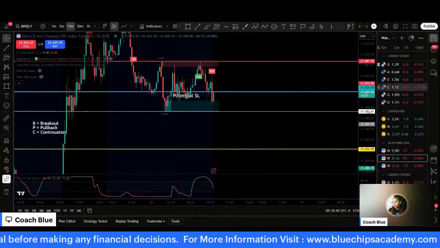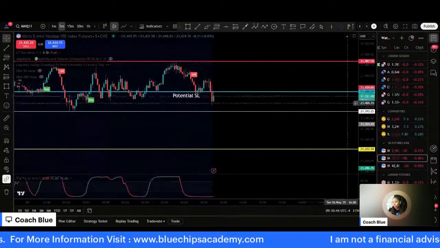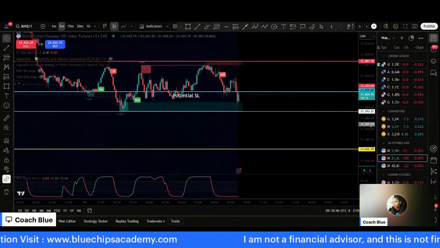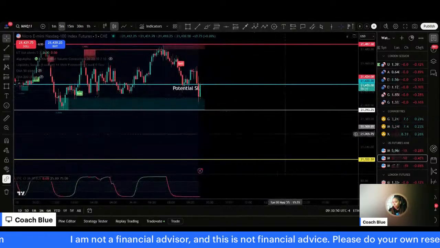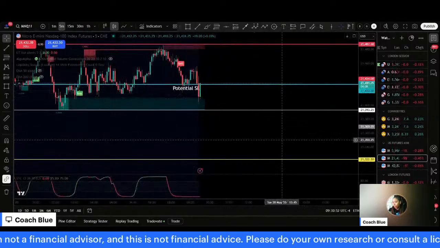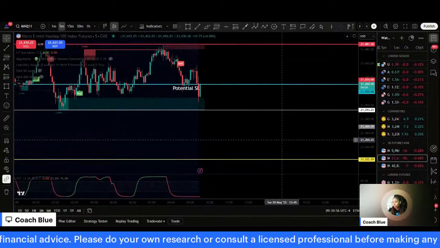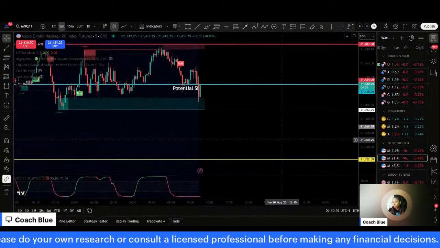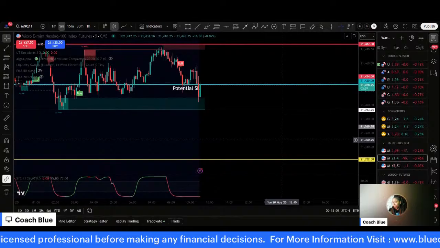All right, here we go. Let me go to my 5 minute so we can see a little bit better what's happening per candle. About 4 minutes left on this candle right here. Another rule of thumb is we don't enter any trades until after 9:30.